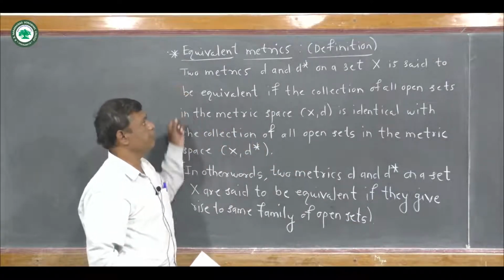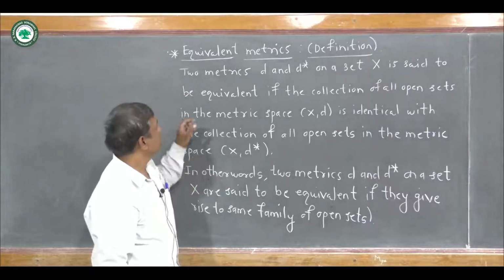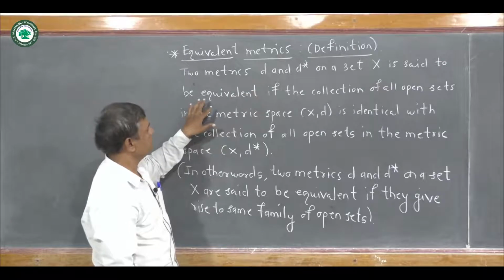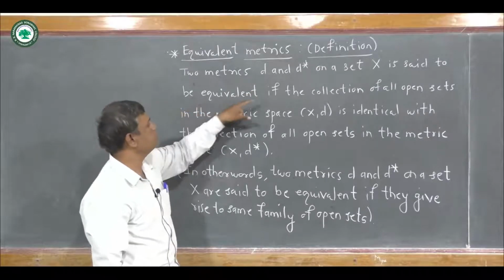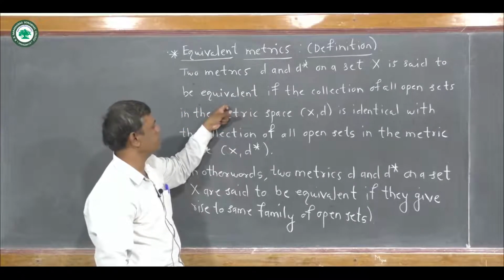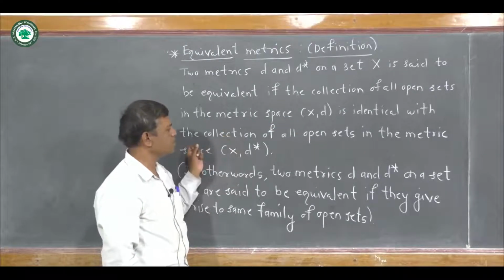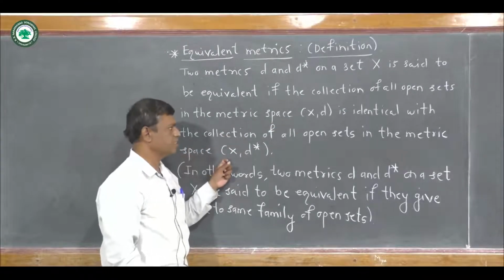So this is the definition of equivalent matrix. It means that two matrices D and D star on a set X are said to be equivalent if the collection of all open sets in the matrix space X D is identical with the collection of all open sets in the matrix space X D star.